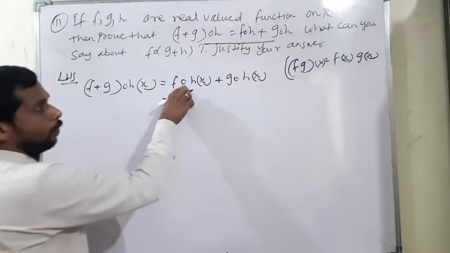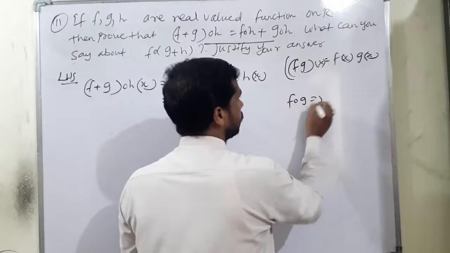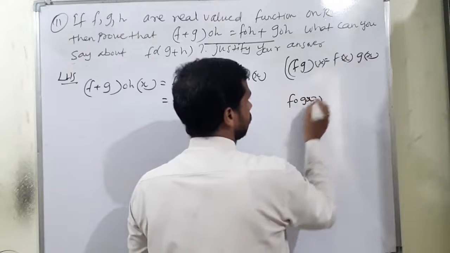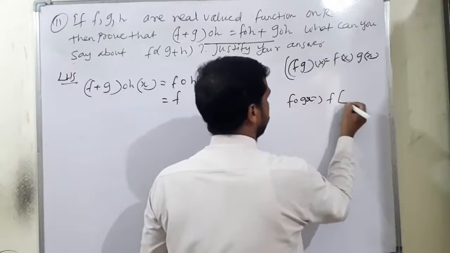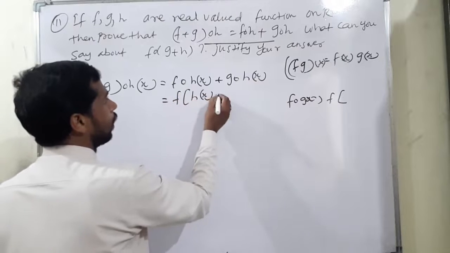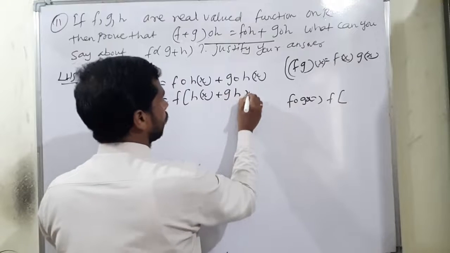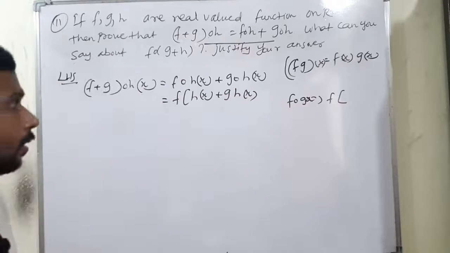Then if you remove the dot, the last question also, what is the meaning of f dot g? g is the composite of f, so if you remove the dot, it means the bracket. Therefore, if you remove the dot, we can now take f of h of x plus g of h of x, isn't it?